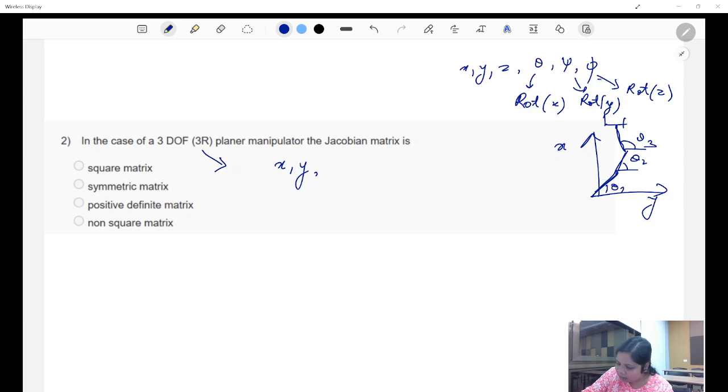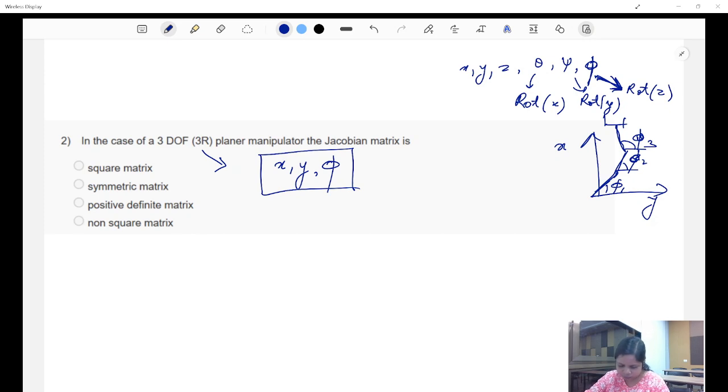So whatever I consider to be the rotation about z-axis should come here. So in this case, if I say this phi is the rotation about z-axis, then I'll write here phi. So these all are phi's and not theta. I hope that makes sense. These are the 3 degrees of freedom that we have for this 3 DOF manipulator. All right.